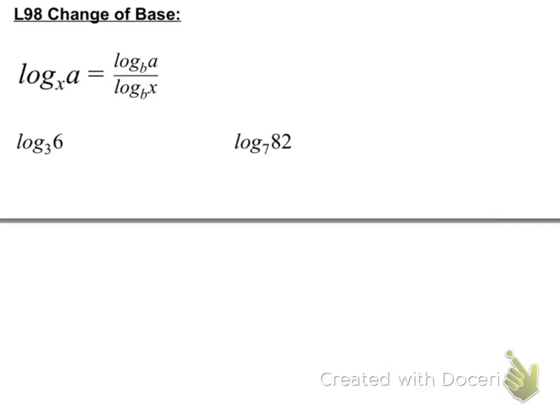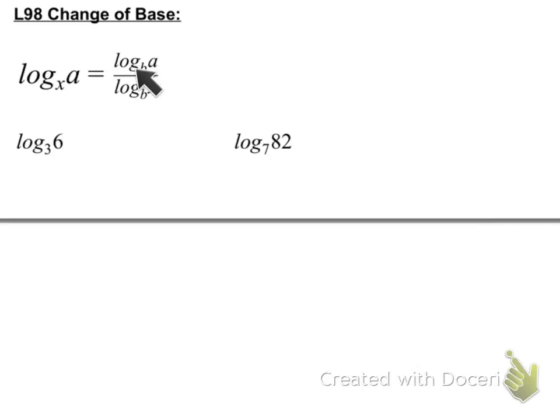So which two do you think we're going to change them to? 10 or e. So the whole idea for using change of base is so that I can actually put it on my calculator. And how you do it is, you start off with log base x of a. We change it to log base b of a over log base b of x, so the value of the number inside the log is on top, and the base number is on the bottom.